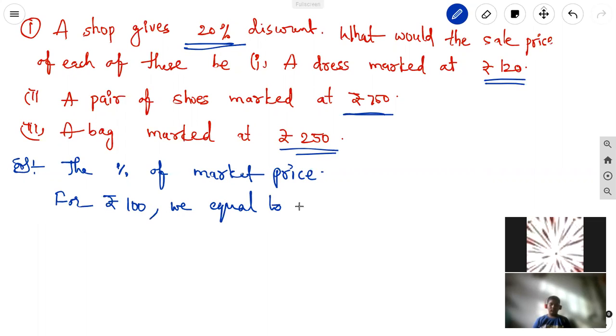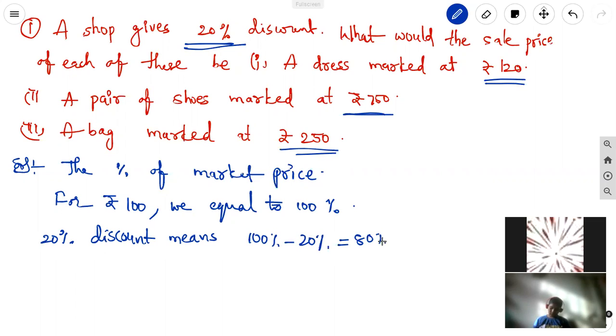A 20 percentage discount means for 100 rupees we subtract 20 rupees, and we get 80 rupees. That means 100 percentage minus 20 percentage, that is 80 percentage we should pay.